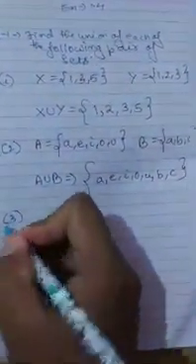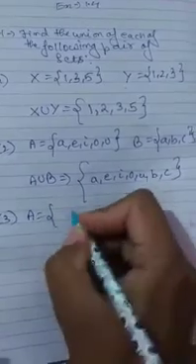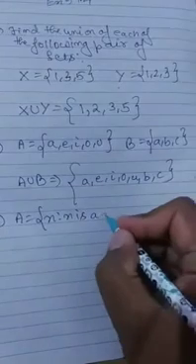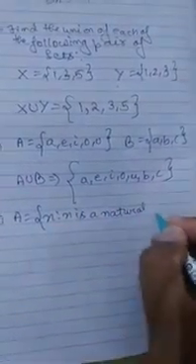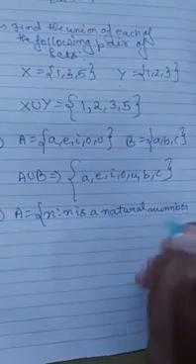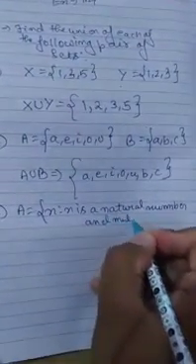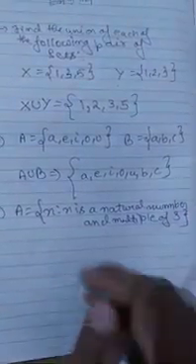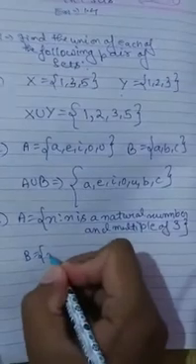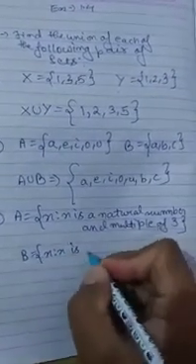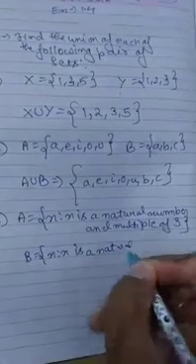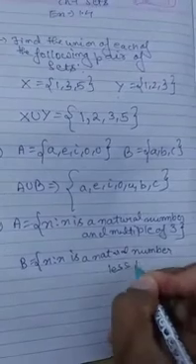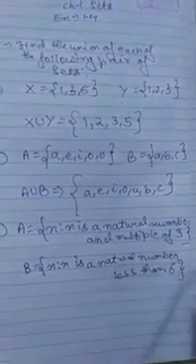The third type of question: let A = {x : x is a natural number and multiple of 3}, and set B is given as {x : x is a natural number less than 6}.